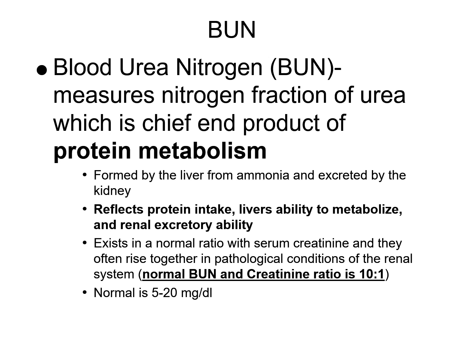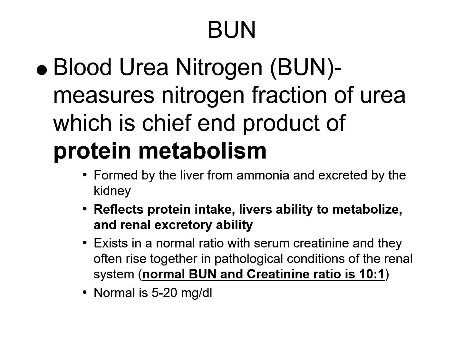The normal BUN and creatinine ratio is 10 to 1. So if that changes, if the ratio is different, then it might be a condition of the renal system.